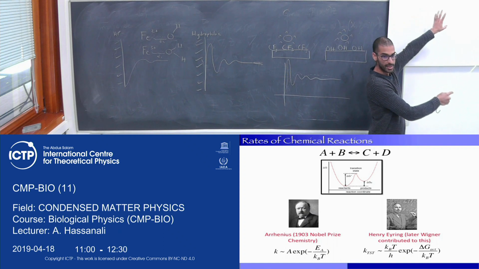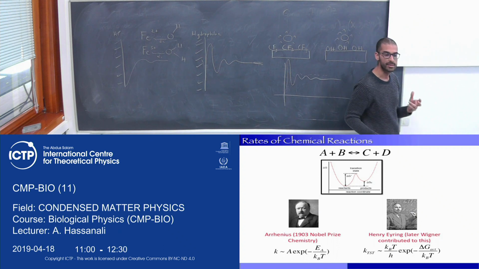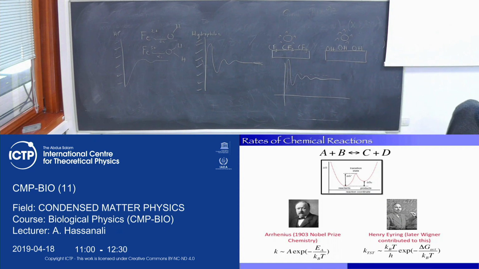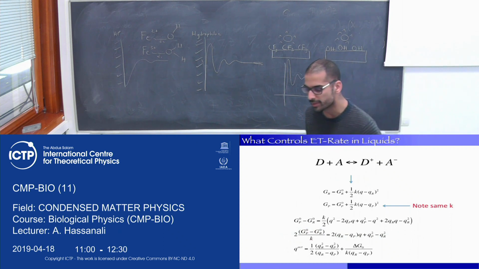Now, what Marcus did was to try and figure out what the activation barrier is associated with charge transfer. I won't go into the details, it's also rather simple. What Marcus did was he assumed that if I have two potential energy surfaces, the reactants and the products are characterized by Gaussian fluctuations. So they have a harmonic potential. So you assume that things happen in two harmonic oscillators.